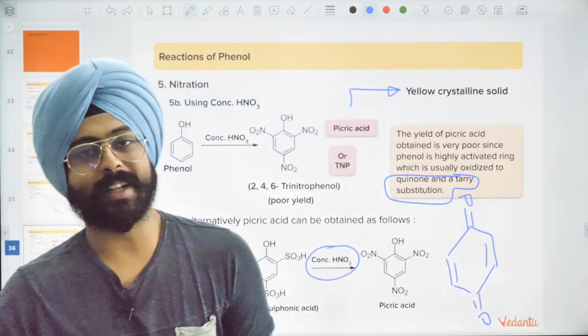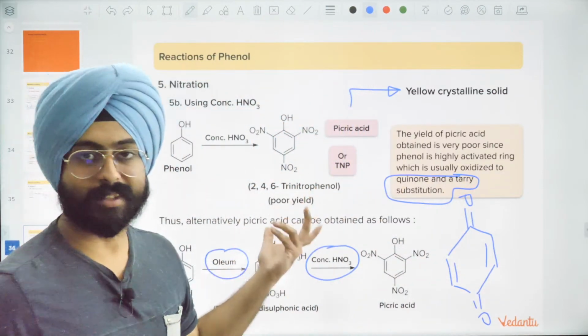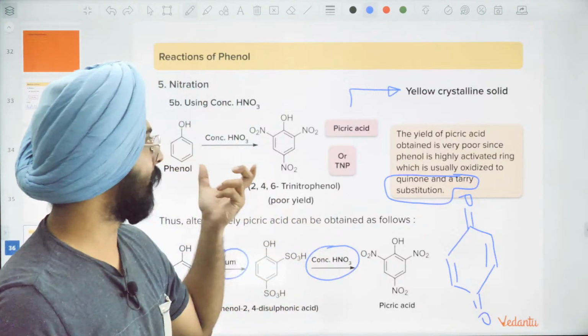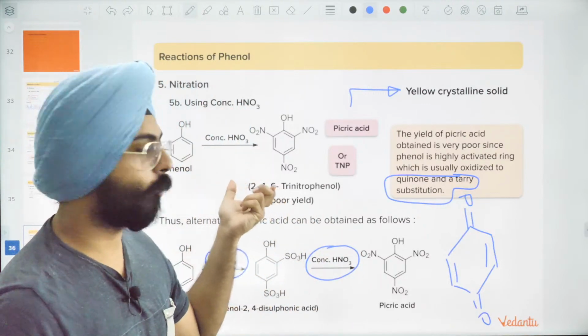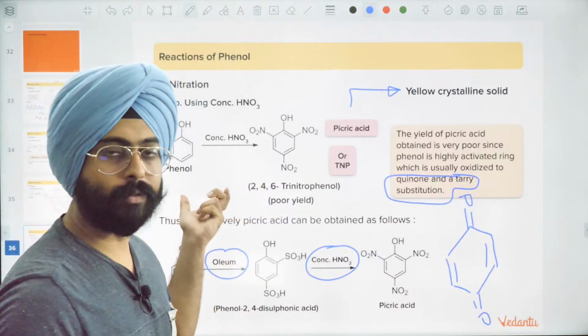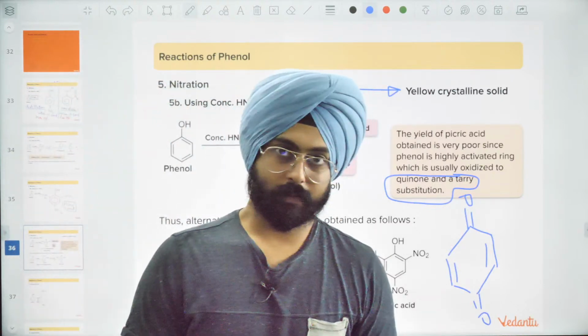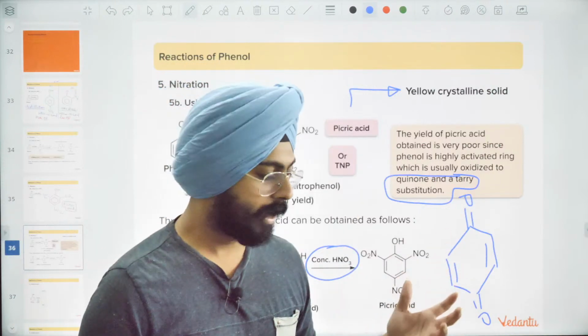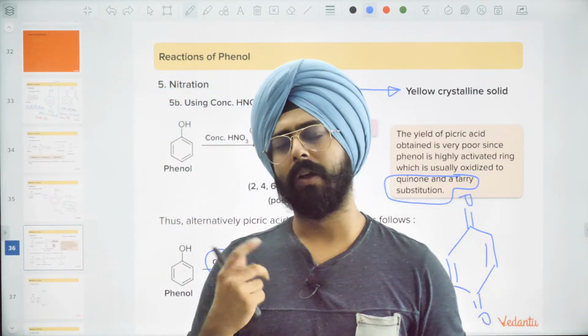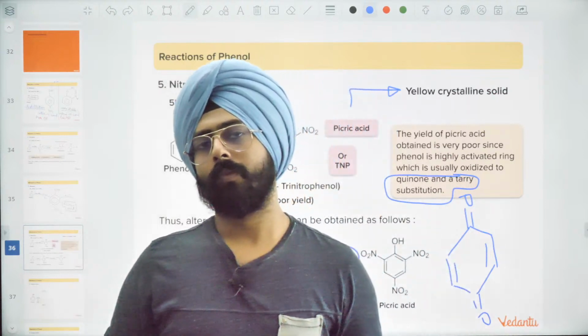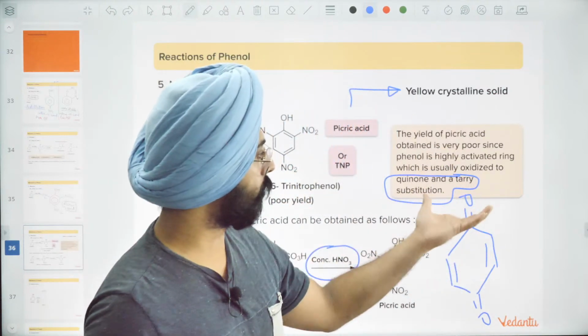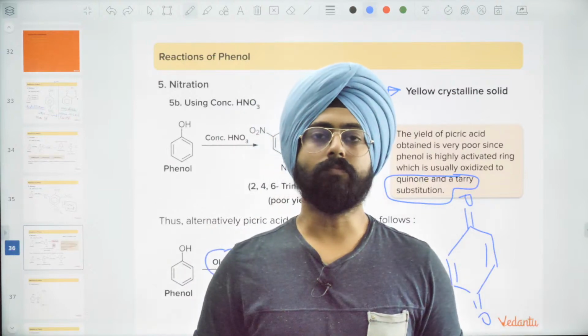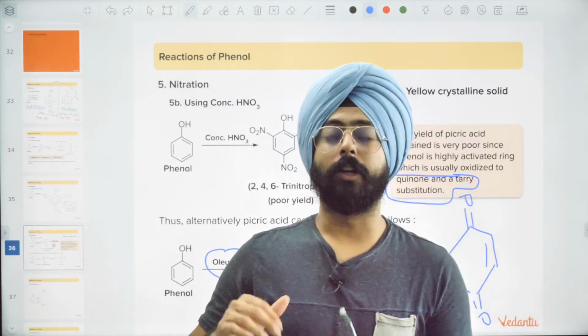Something similar would have happened if someone tried to make trinitrophenol using concentrated HNO3 just with phenol. So the professor, PhD students or master students do these reactions, and then the professor would have suggested, acha, if you are getting this quinone, then why don't you try it in a different manner?